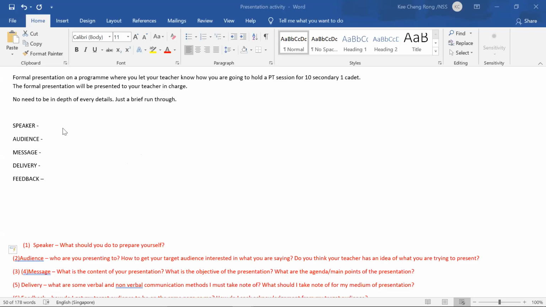The only thing I have is to draw the examples to be more relevant. For example, for audience, your example was working adult versus cadet. So contextualize it. Okay.